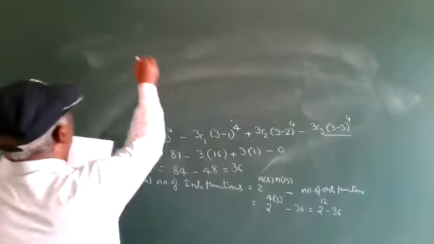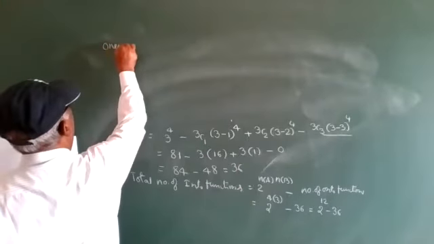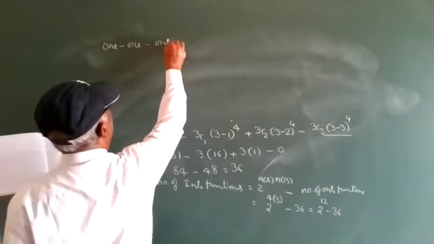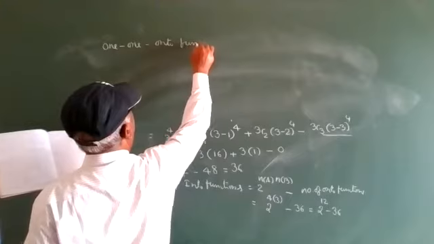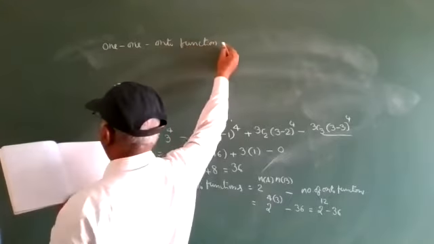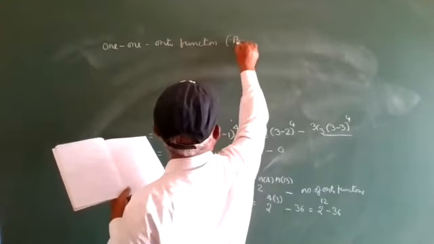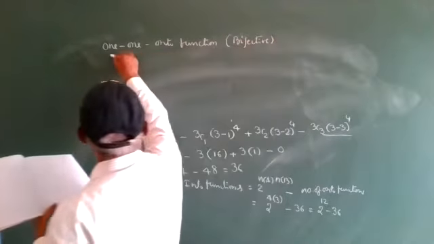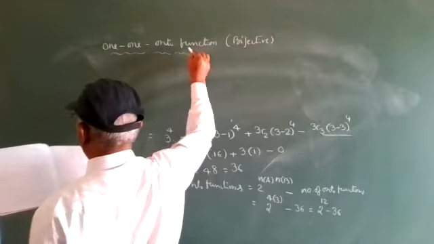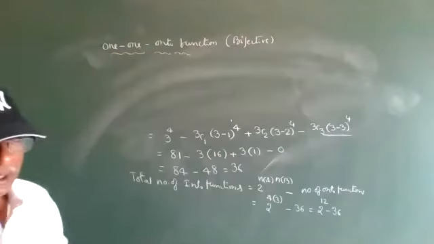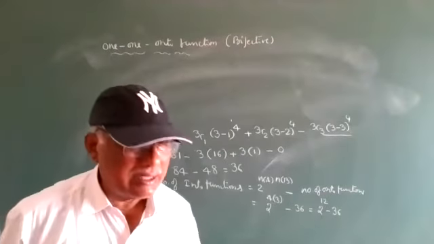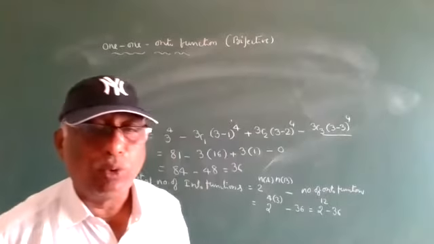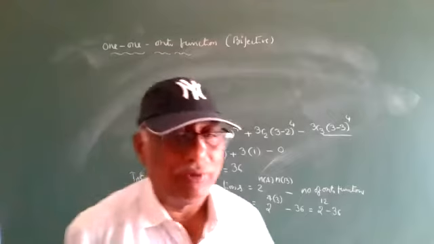Last one, 1-1 onto function. Another name is bijective function. Here the number of A set elements and number of B set elements are equal, then only we say it is a 1-1 function.